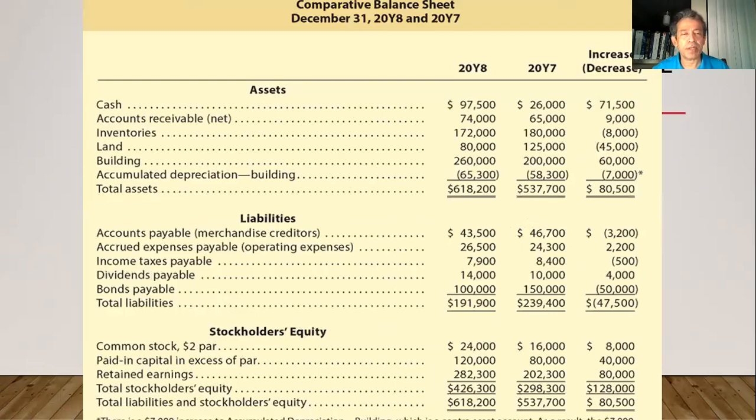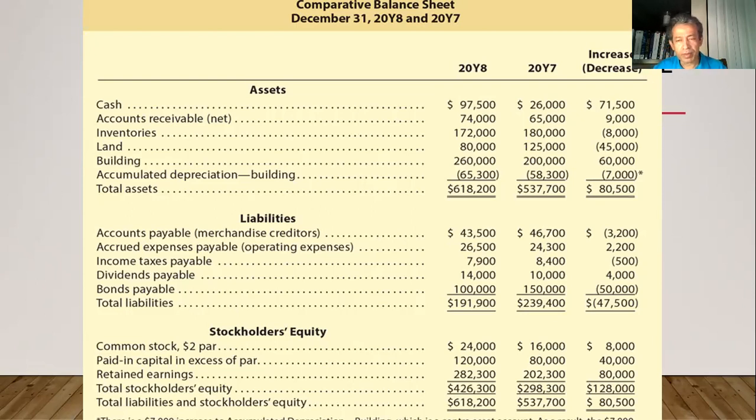Working capital adjustments: accounts receivable has gone up, so minus increase in accounts receivable, $9,000. Inventories have gone down, so plus decrease in inventory, $8,000.